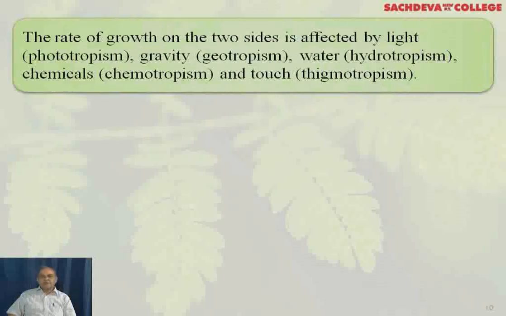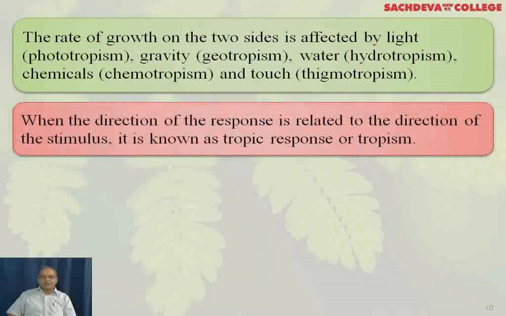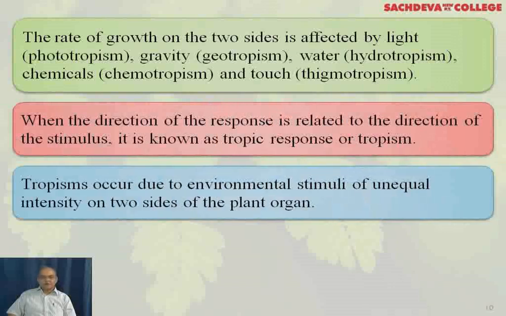The rate of growth on the two sides is affected by light, phototropism, gravity, geotropism, water, hydrotropism, chemicals, chemotropism, and touch, thigmotropism. When the direction of the response is related to the direction of the stimulus, it is known as tropic response or tropism. Tropism occurs due to environmental stimuli of unequal intensity on two sides of the plant organ.